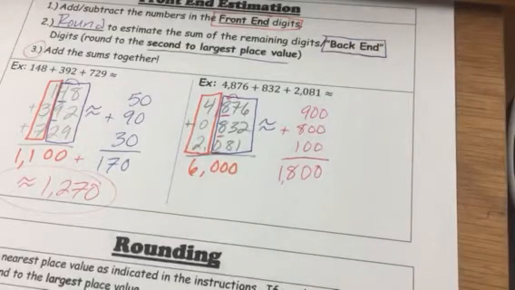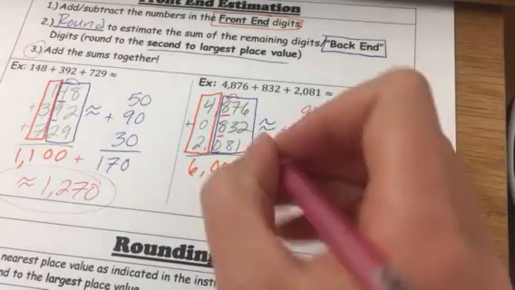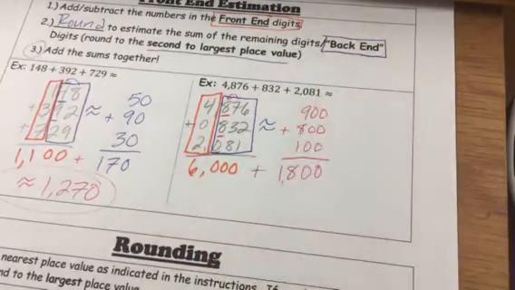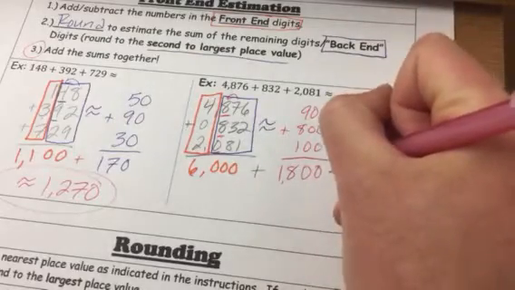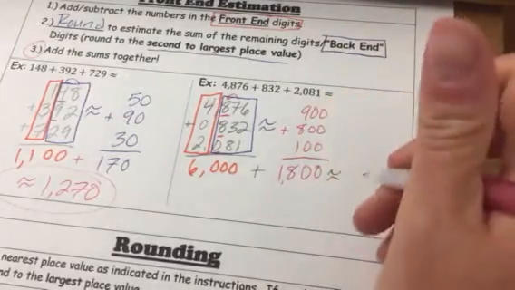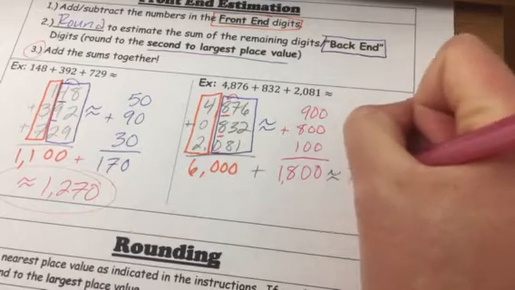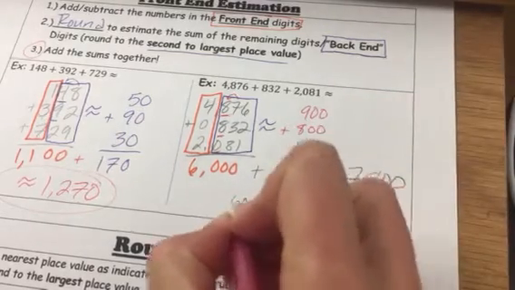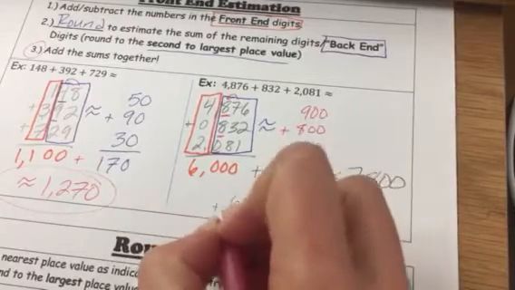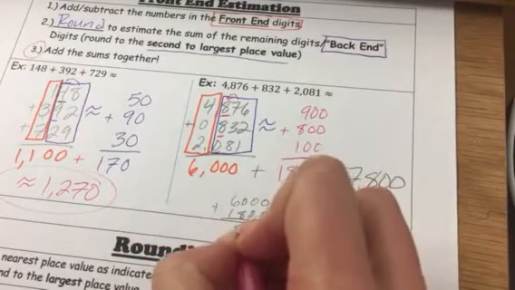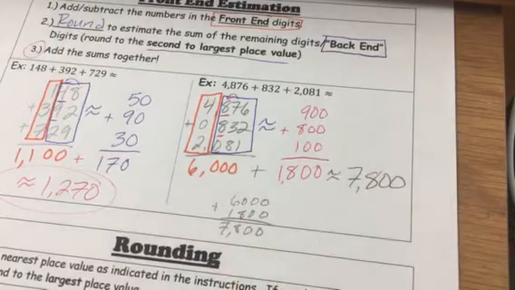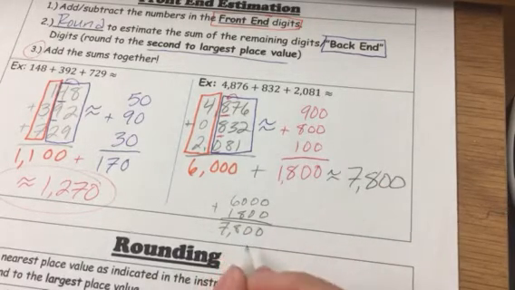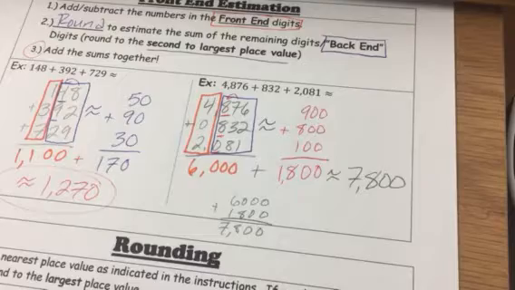So the back end approximately adds up to 1,800. Our last step here is to add these two sums together. So we're going to add those two together, and that will be approximately 7,800. Again, if you need to stack those above one another to help you out with that addition, you are more than welcome to. I was able to do that mentally, but if you need to stack it up, please do. There's nothing wrong with that.